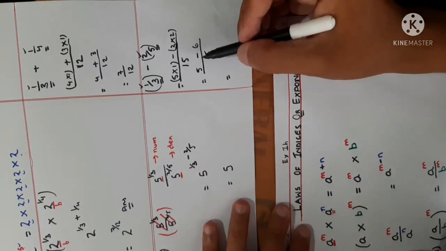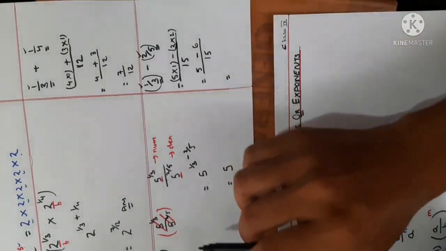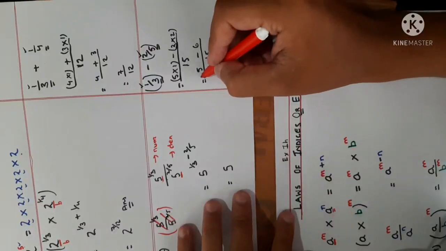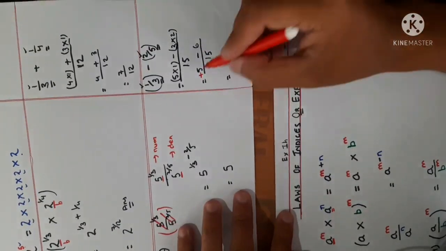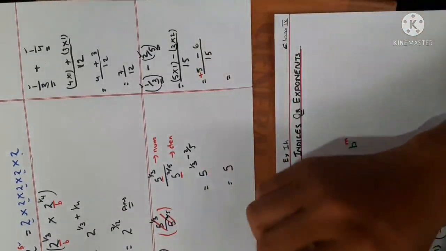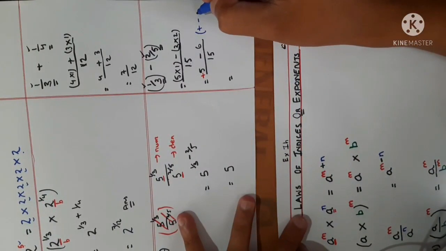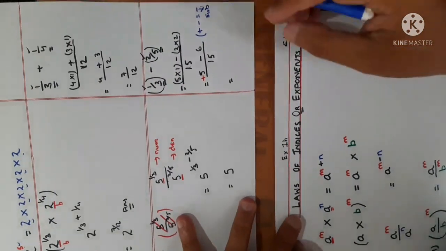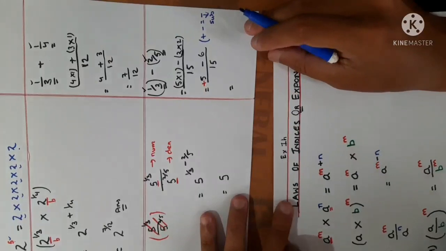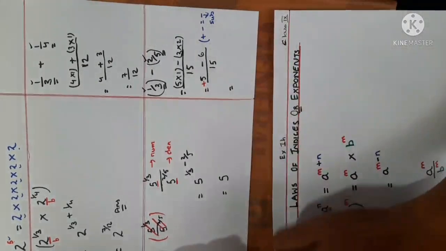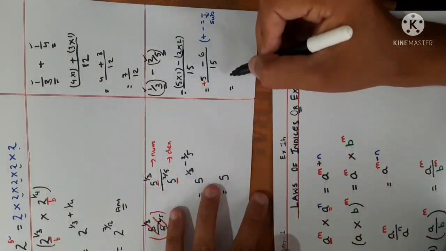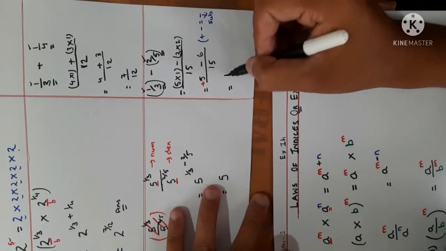So equal how much? 5 minus 6. This is plus, isn't it? If there is no sign in front of the number, it is always considered to be plus. This is plus and this is minus. So what should we do? Plus and minus equals minus, so we have to subtract. 6 minus 5 equals 1.